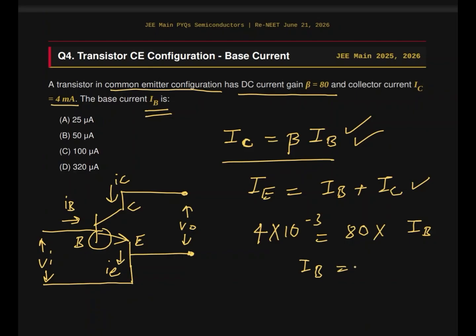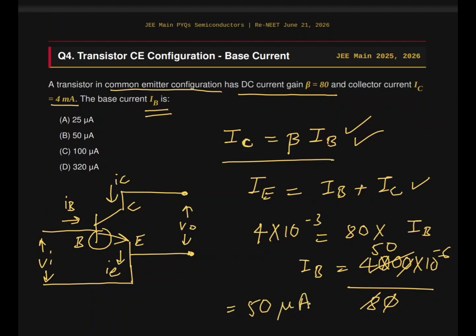So base current will be 4000 into 10 power minus 6 by 80, so it will be 50 microamperes.